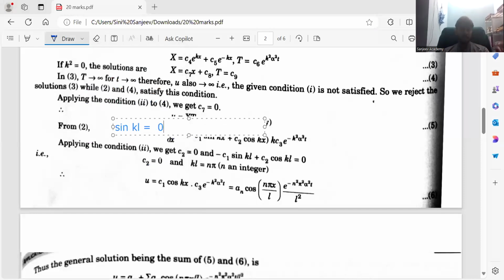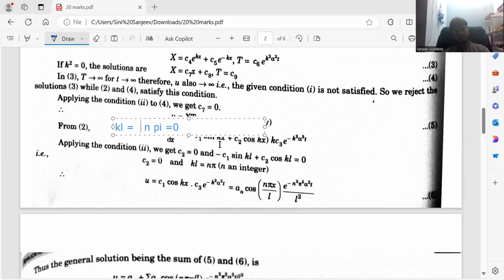So instead of 0, I already know sin n pi is equal to 0. Sin n pi value is 0. So that's the reason sin and sin is getting cancelled. If it gets cancelled, what will it be? KL is equal to n pi. That's what they have written down here.